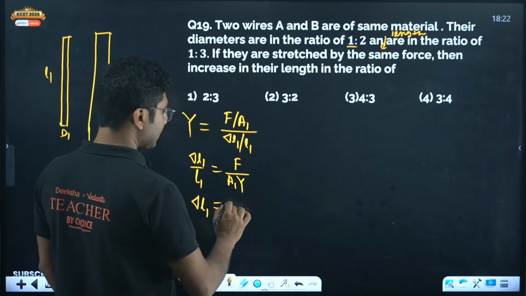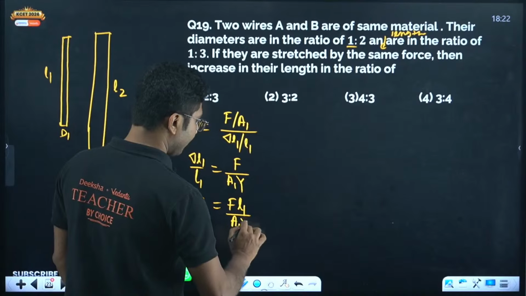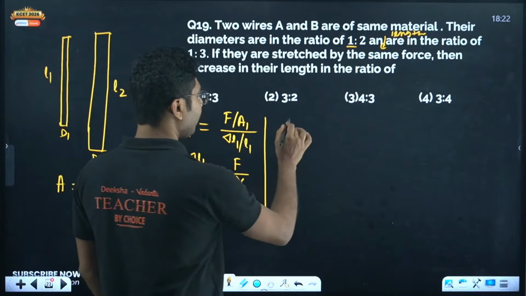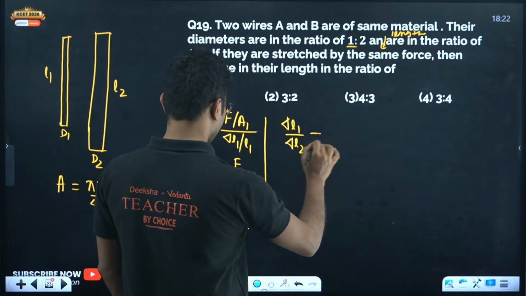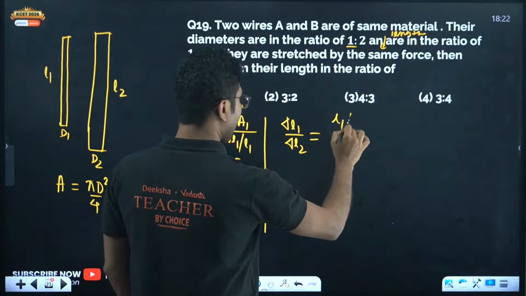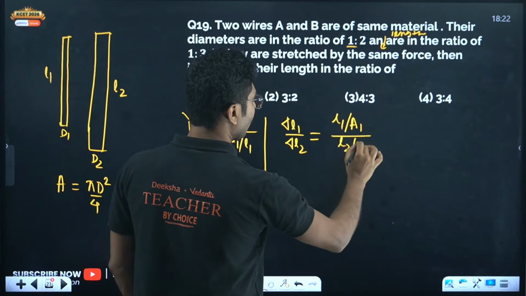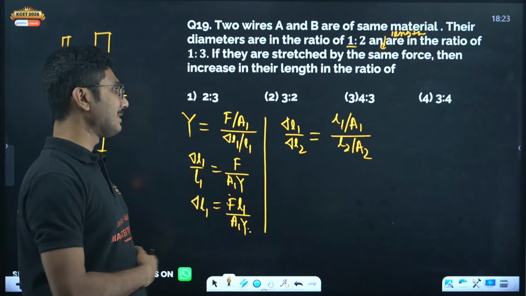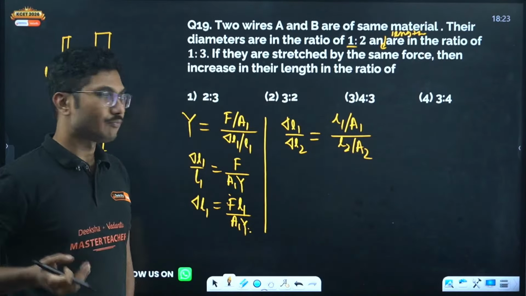So delta L1 is equal to F L1 by A1 Y. Obviously F and Y are constant. So the ratio of delta L1 by delta L2 will be L1 by A1 divided by L2 by A2. F and Y being constant will cancel. We do not need to worry about F because they are stretched by the same force.